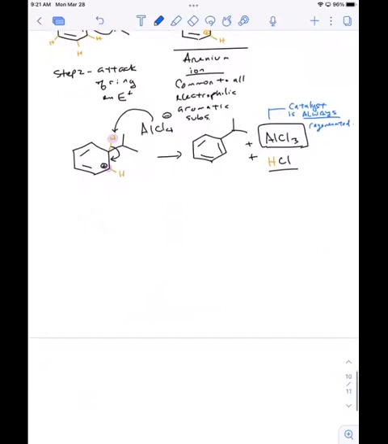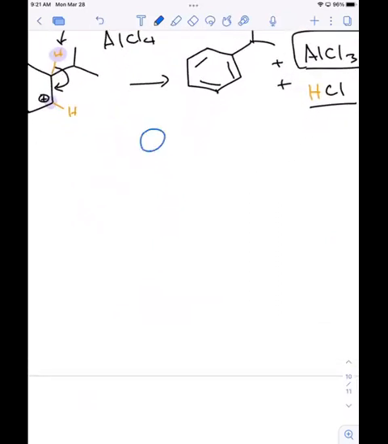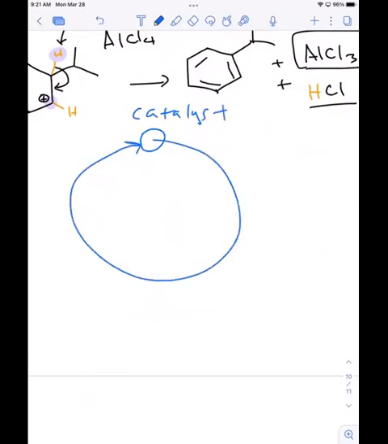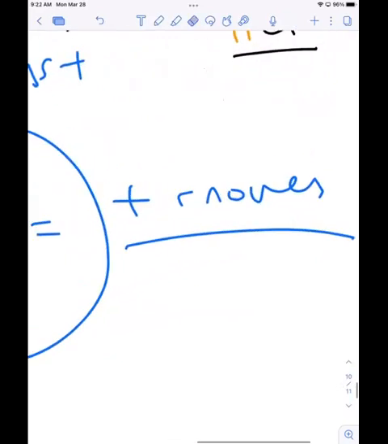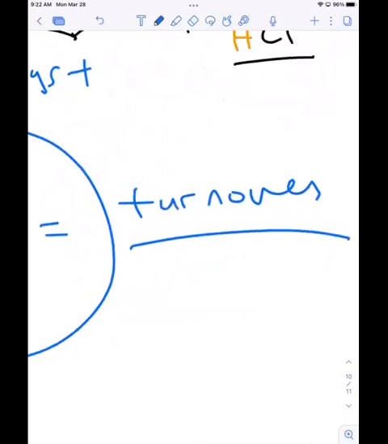Right? So anytime a catalyst is used at the beginning and the reaction goes through one cycle, we call it a turnover. Right.